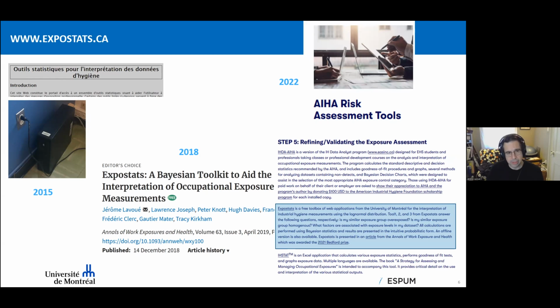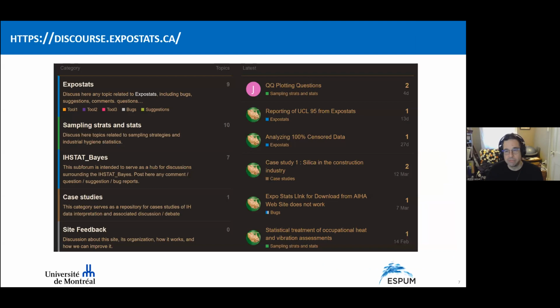It's not always easy to monitor, but the servers that we put the tools on are used approximately 500 hours every month by people all over the world. We also have a discussion forum.